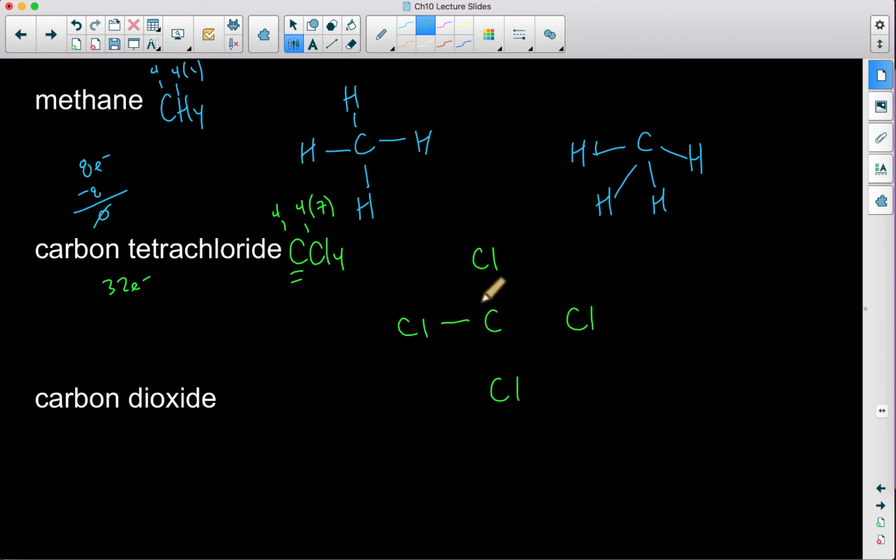Step 1, we're going to bond everything. That takes up 8 electrons, which leaves me with 24. This chlorine has access to how many right now? It has access to 2, so it needs 6 more. This one, same scenario. Symmetrical structures are nice that way.